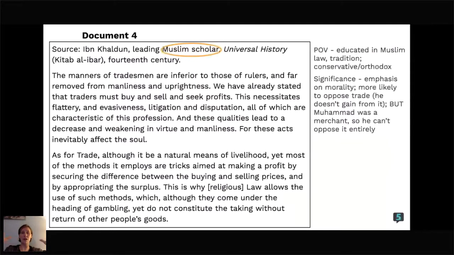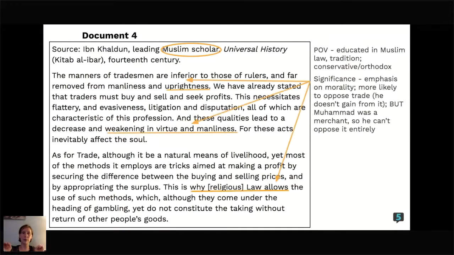So Islam as a religion doesn't oppose trade or being a merchant. And so Ibn Khaldun, as a conservative Orthodox Muslim, despite how he personally might feel about merchants, can't wholly oppose trade as a practice because he knows that his faith allows for it. And he, perhaps grudgingly, but he does accept that idea.